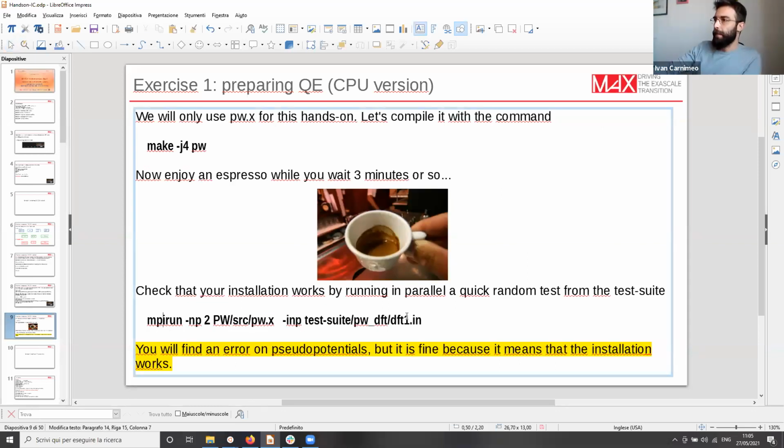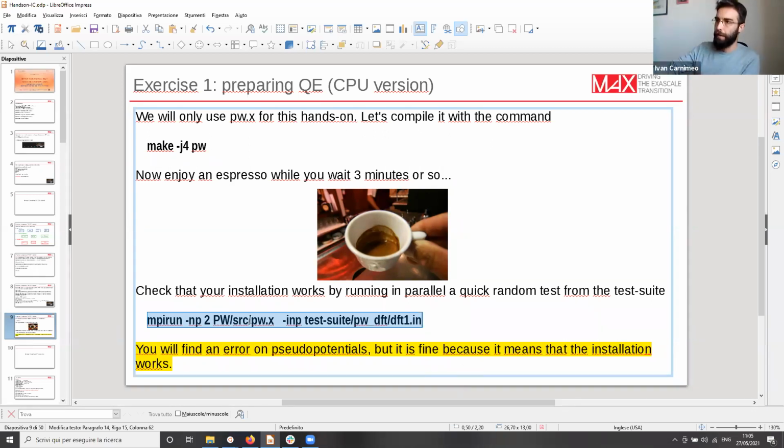Try running this calculation. Of course, the calculation will not be accomplished because you have not pseudo potentials here. But even if you see the error message, "I cannot find pseudo potential", it is because that PW is working, because that error message is sent by PW, which means that it has been compiled and it is working. So forget about the error message now.